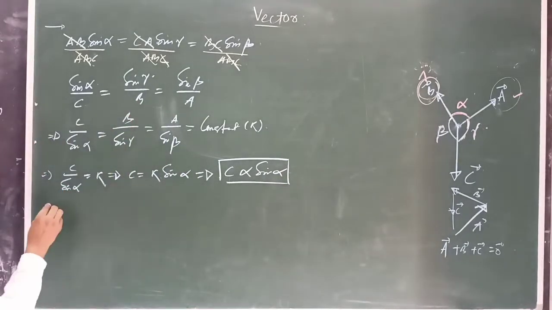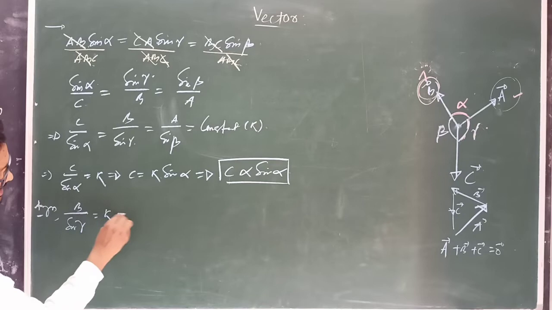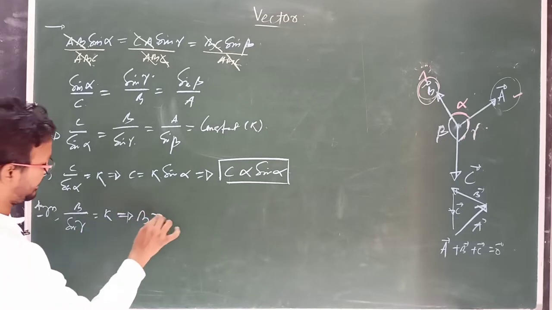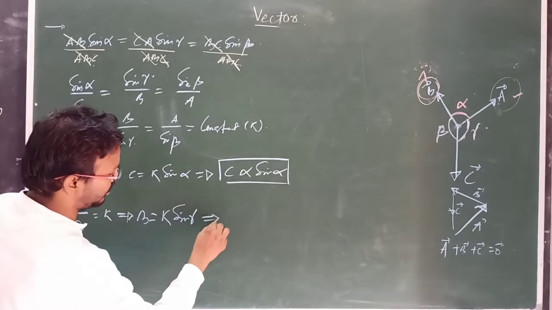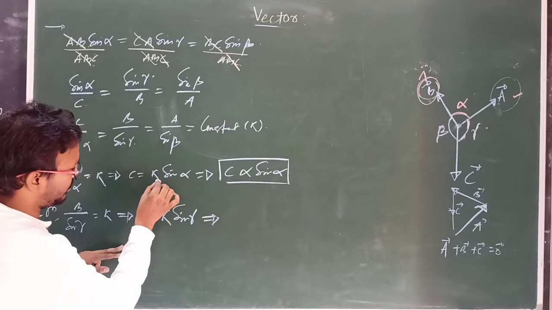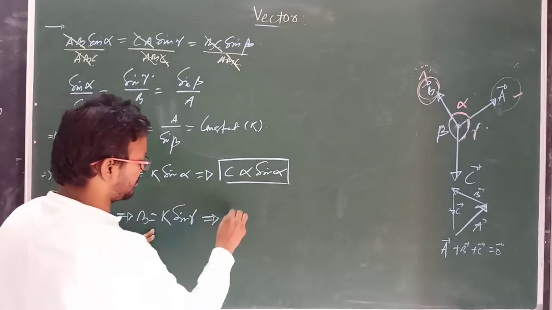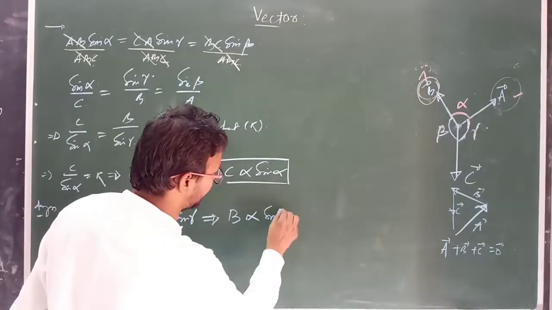Second, B by sin gamma equals K, so B equals K times sin gamma, so B is directly proportional to sin gamma.